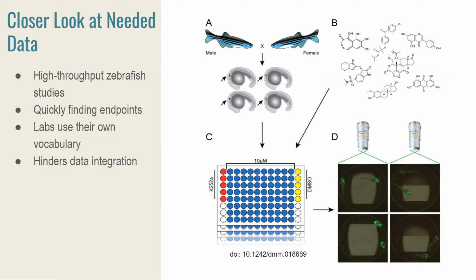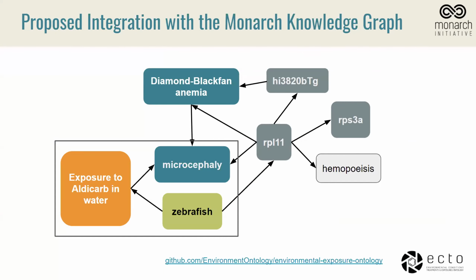You do this with a lot of embryos, and you have to use a microscope and make assessments very quickly about what you're seeing. Different labs often use their own methodologies and their own vocabularies to record these data. So that makes integrating data across laboratories very difficult, if not impossible. And so that's a challenge that we would have to overcome.